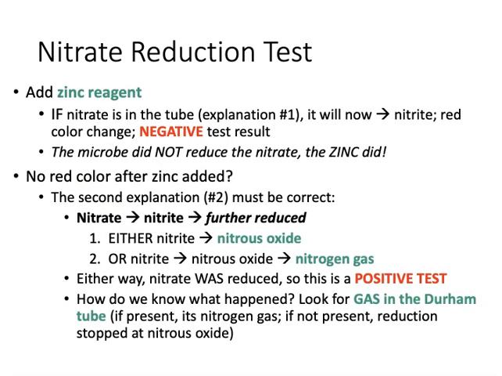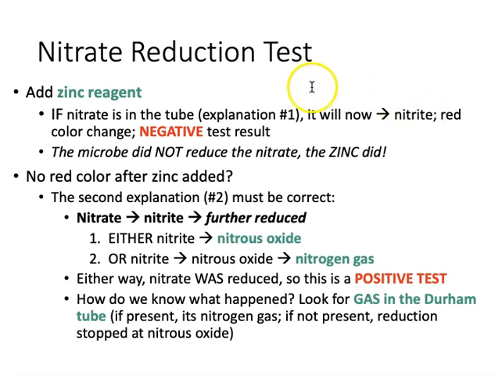The next step, if the tube does not turn red after the addition of reagents A and B, is to add the zinc reagent, zinc powder. If nitrate is still in that tube, remember that was explanation number one, the zinc reagent will reduce the nitrate to nitrite. And the nitrite will then react with the A and B that's in there, and a red color will be produced.